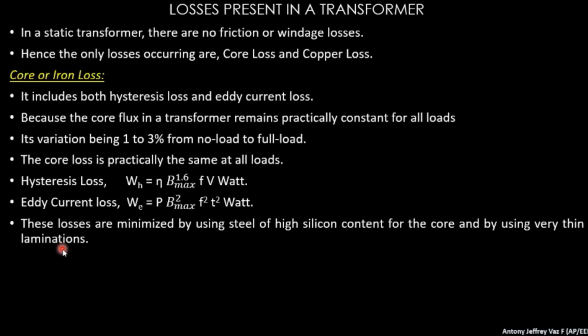So an alternating voltage is going to be induced in the transformer core due to the cut-off flux. This induced EMF will tend to make a current in the transformer core, and this current is circulating in nature. This current is known as eddy current. To avoid this eddy current, you need to have laminations.